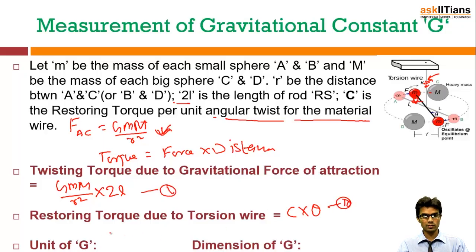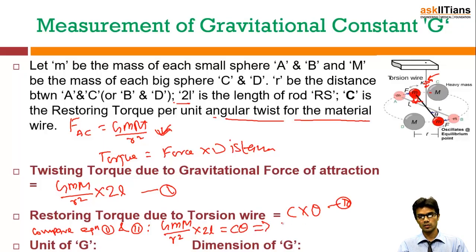G m M by r square into 2l is equal to C theta. From here we find that G is equal to C theta into r square by small m capital M into 2l.